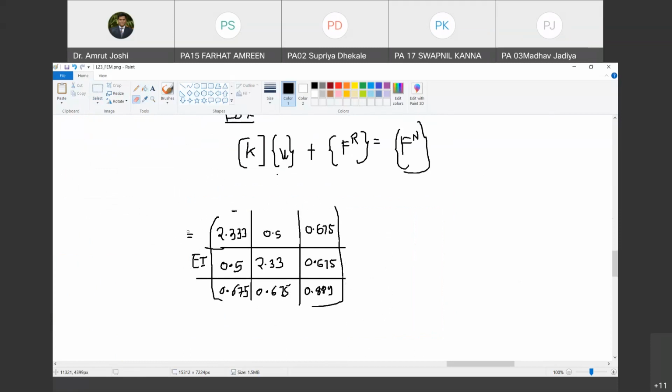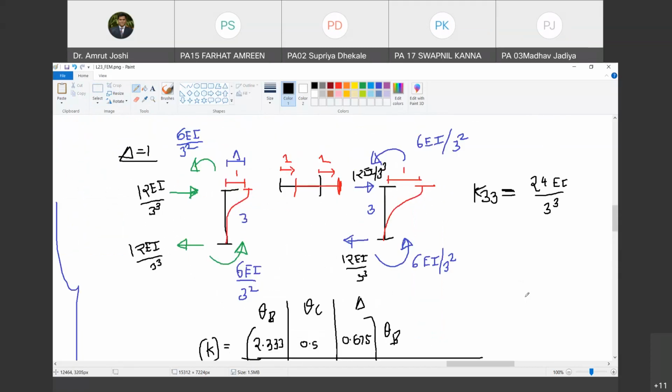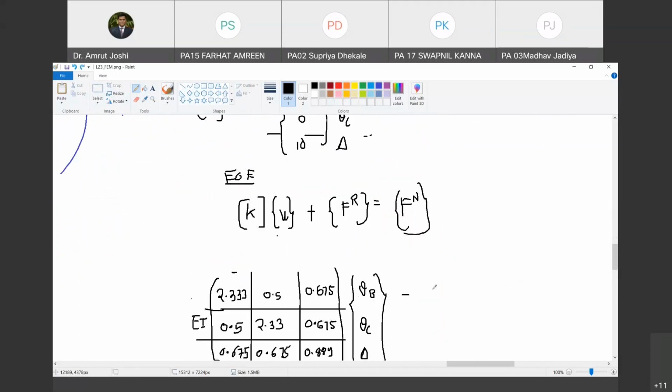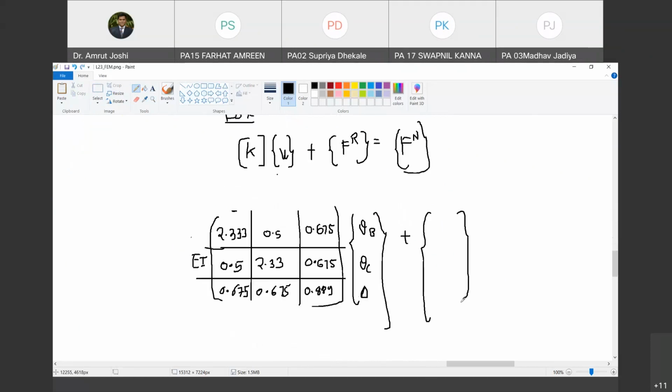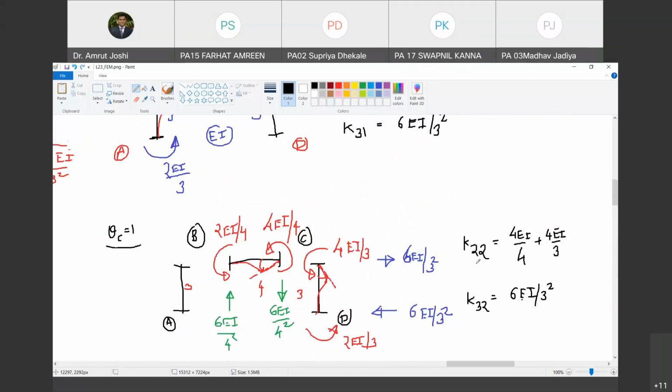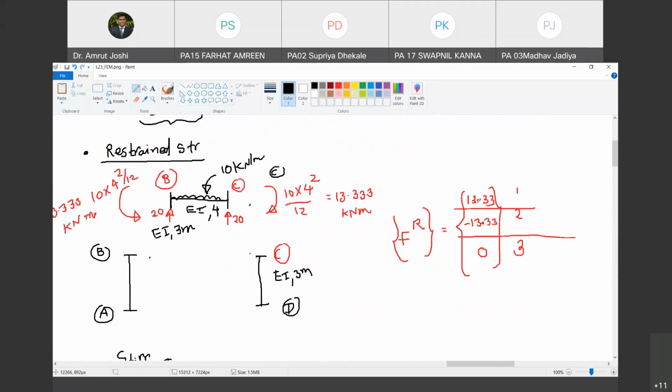Yes, sir. What is the U matrix? So the U matrix is theta B, theta C, and delta. Happy? Yes, sir. This plus FR has to be equal to the nodal force matrix. What is the FR matrix? The FR matrix is 13.33, minus 13.33, and 0.